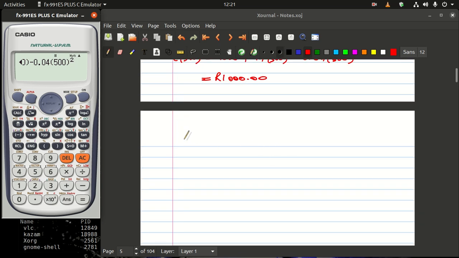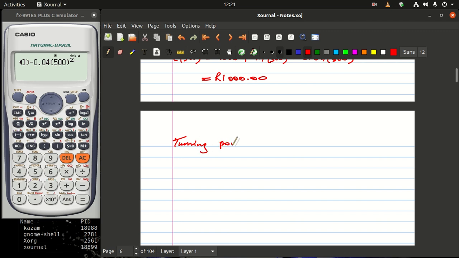And then now we want to check the turning points, so we need to first find the turning points. A turning point is always going to have an x and y.